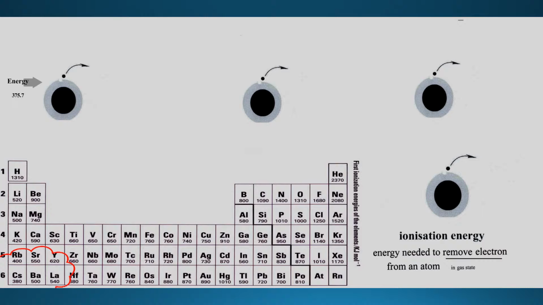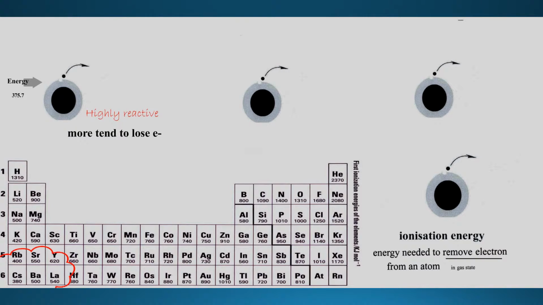They ask how much energy you need so that this electron will be given out. You just need a tiny bit of vibration, very little energy, 375.7 kilojoules per mole. So you just need so little energy and the electron will be given out.